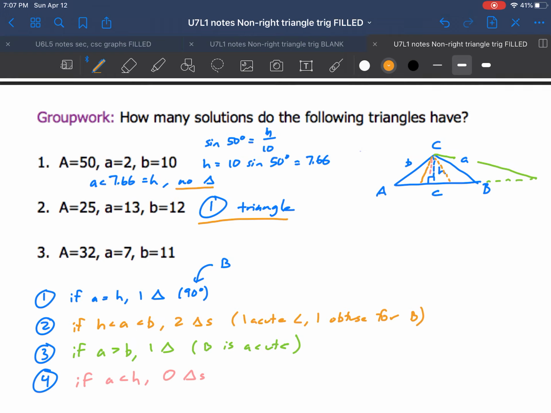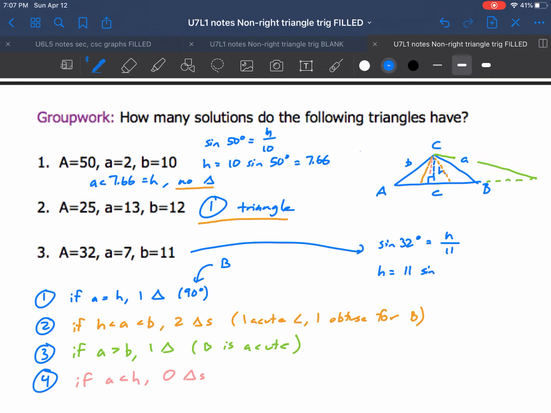Last case, A is 7 and B is 11. Well, now we can use this same ratio and see what happens, right? So let's write here, and I'm sorry, it's kind of messy, that the sine of 32 degrees is equal to h over 11.